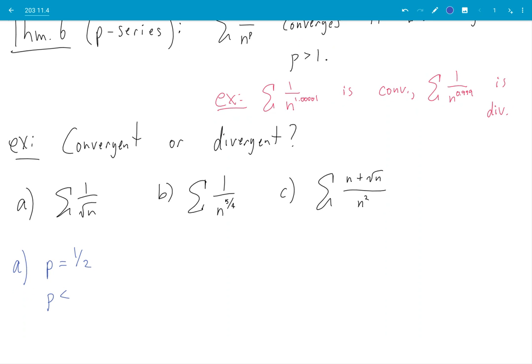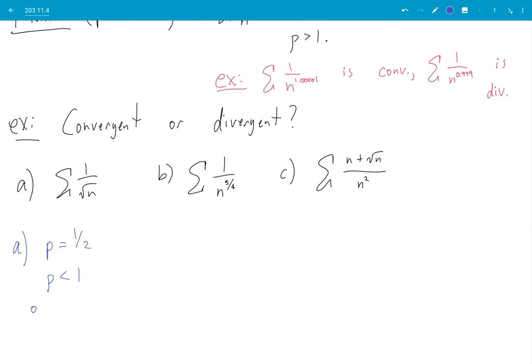So p is less than 1. Therefore, summation 1 over root n is divergent. Okay, it's as simple as that. You just notice that this is n to the 1/2. So p is a half, p is less than 1. So we have divergence.